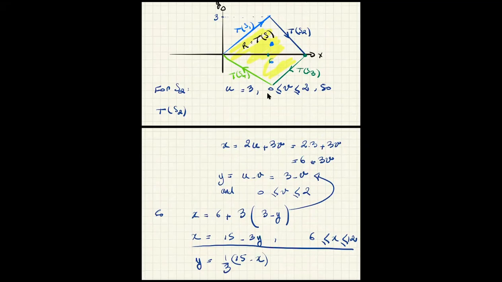When x is equal to 6, that is 6 plus 3, it's 9. 9 over 3, it's 3. So y is 3. And when x is equal to 12, it's 3 over 3, which is 1. So it's not 0 here, it's 1.